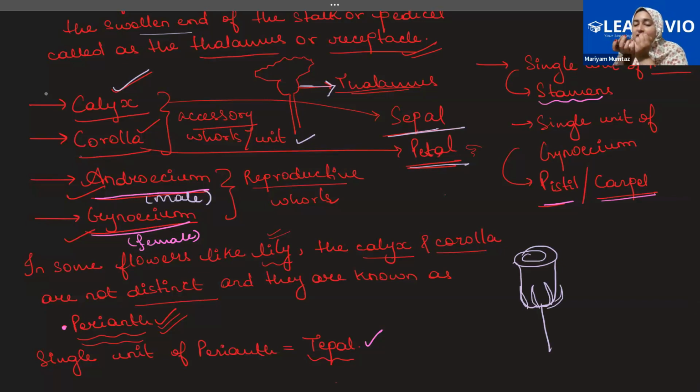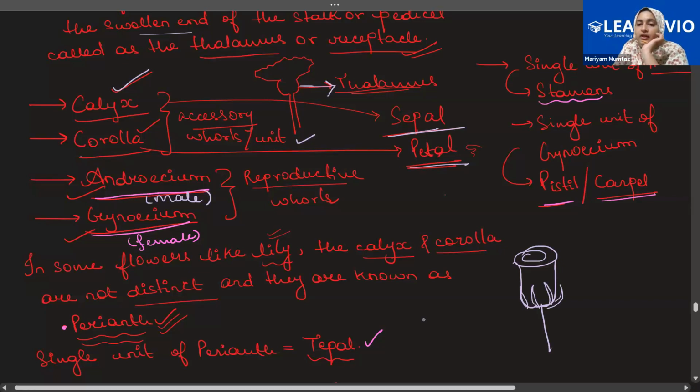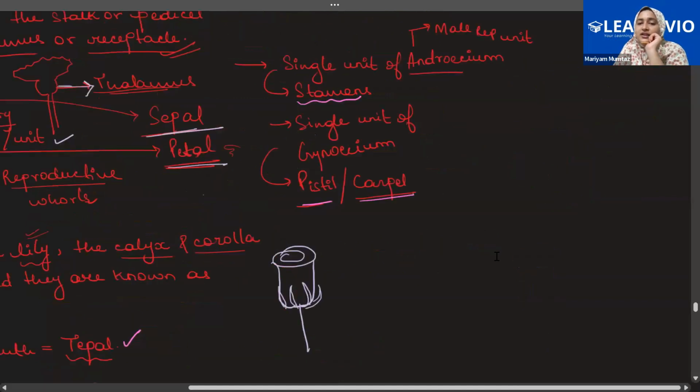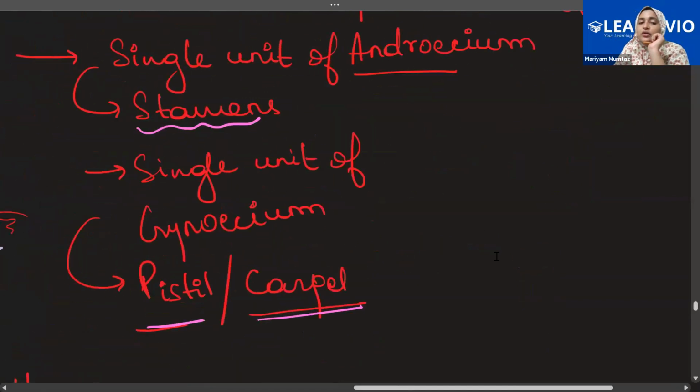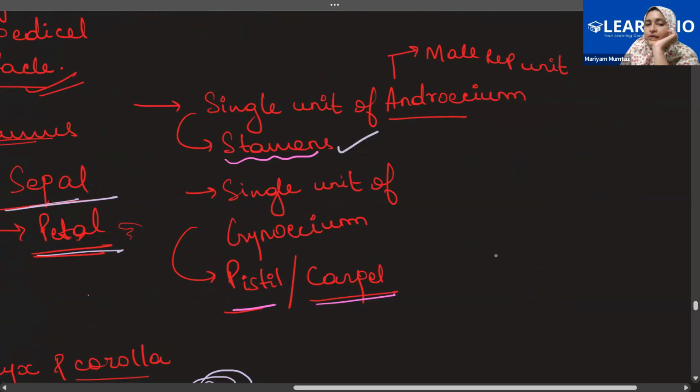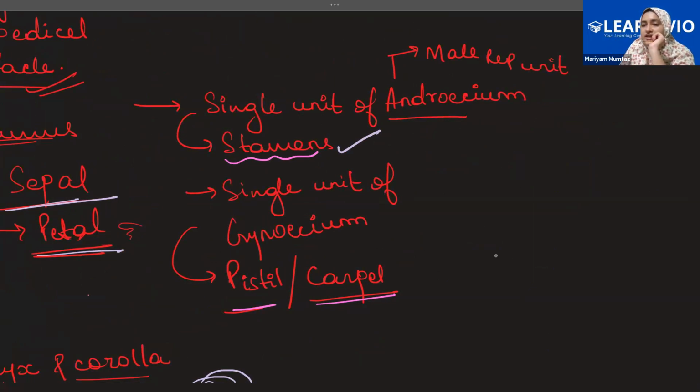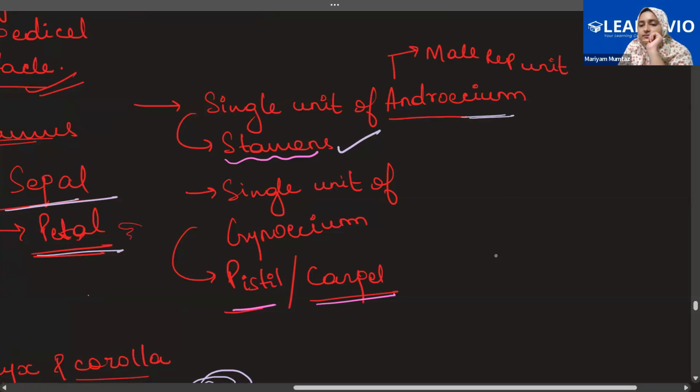All of the petals together are known as corolla. Then the single unit of androecium is called the stamen. And the single unit of gynoecium is called either pistil or carpel. So pistil or carpel is how we represent the gynoecium single unit, and stamen is how we represent the androecium single unit. Is this clear to you all?